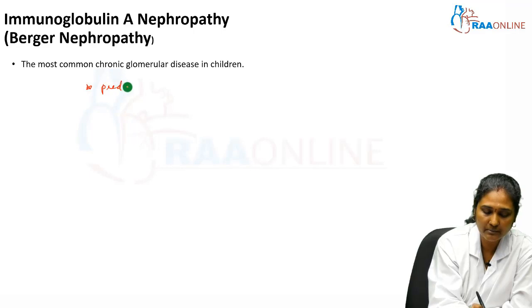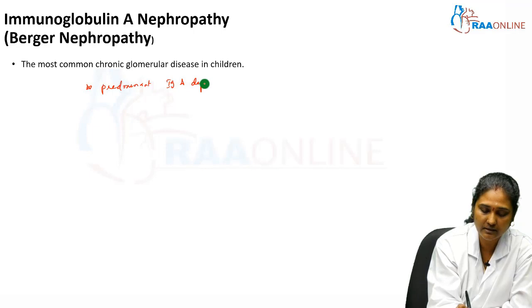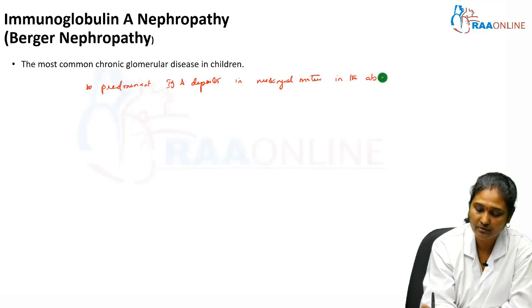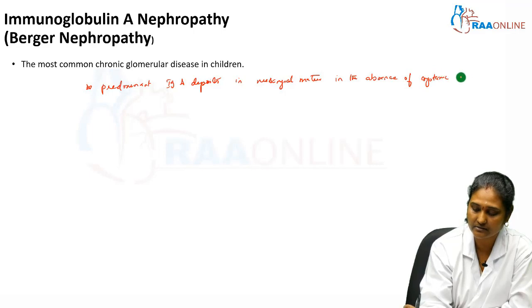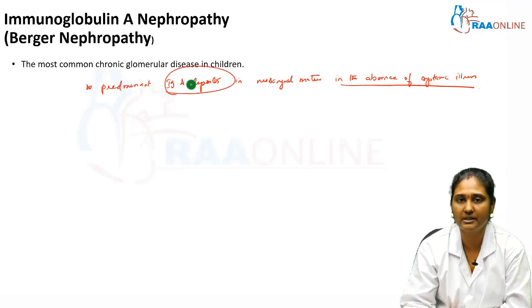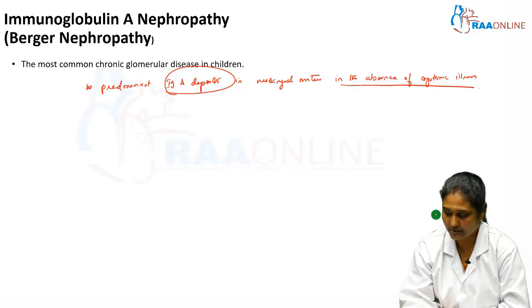Hence the name IgA nephropathy: predominant IgA deposits in the mesangium in the absence of systemic infection or systemic illness. In the absence of systemic illness, when there are IgA deposits in the mesangium, it is called IgA nephropathy or Berger's nephropathy.